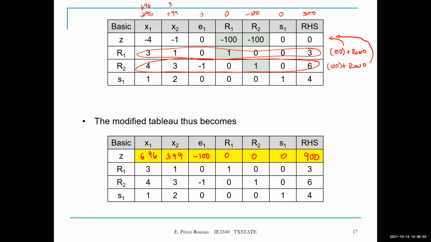This is going to be 399. 100 times minus 1 plus 0 is minus 100. 100 times 0, this is 0. 100 times 1, this is going to be 0. This is 0. And 100 times 6 is 600. So at the end, this is going to be 900. So that's the row that we have right here.